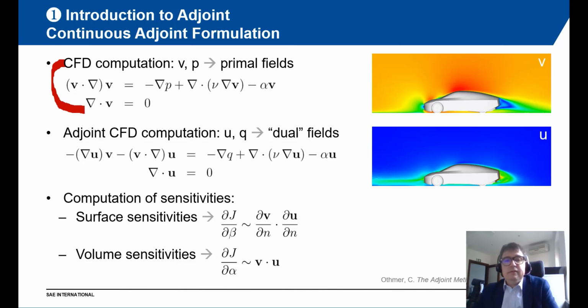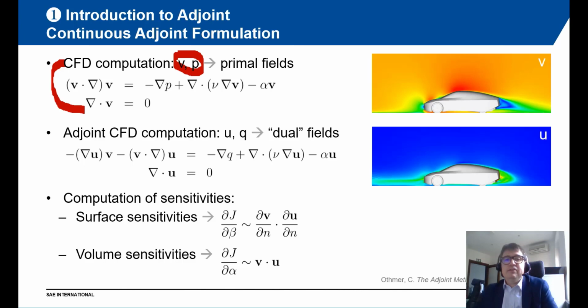You can see that this is a standard CFD process that you solve using the finite volume method, and what you end up with are the V and P primal fields, what we call primal fields. So it's basically the velocity and the pressure. You can see the velocity contour on a cross section here of an external aerodynamics case.